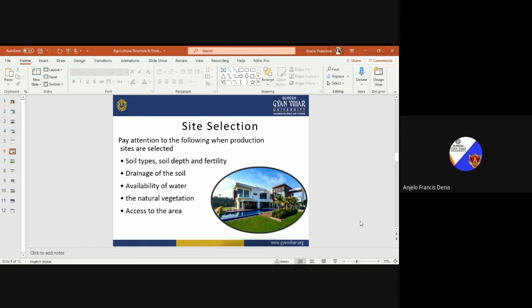Then the depth of the topsoil or fertile soil is also required. Depending on the depth of the soil, we decide what crops or trees are to be cultivated or planted in that area. Then fertility, or level of fertilizer, or humus or quality of soil, is a very important factor in deciding the crop which has to be cultivated.